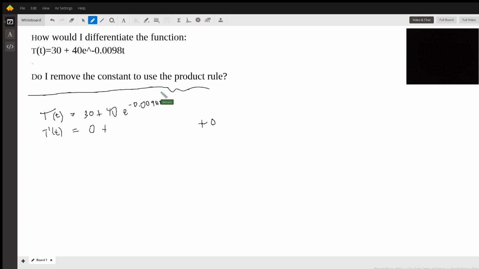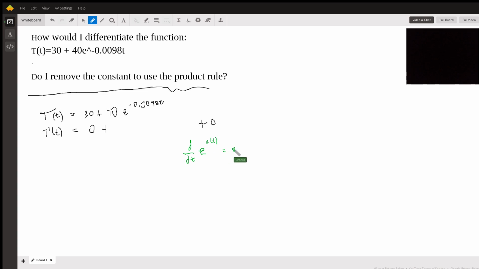We're just going to use this rule, so the derivative with respect to t, I guess I'll use a little t, of e to the u. It's understood that u is a function of t, but I can write it here if I want.